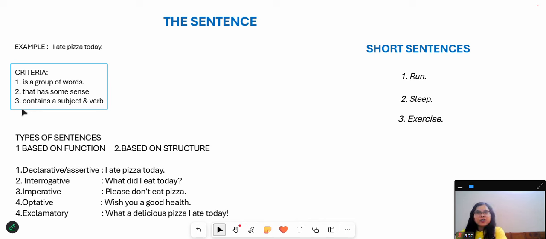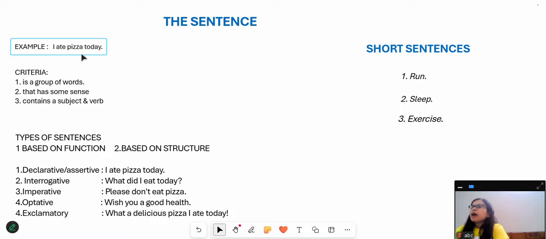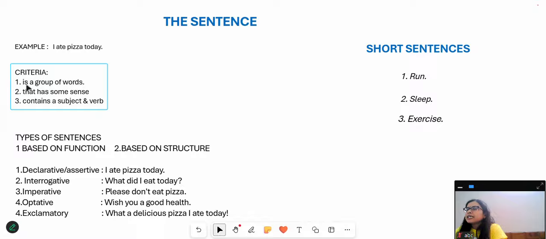In singular, we call it criterion, and in plural, we call it criteria. So the example that I have written here is "I ate pizza today." The first criterion is that a sentence is a group of words, and it is a group of words.